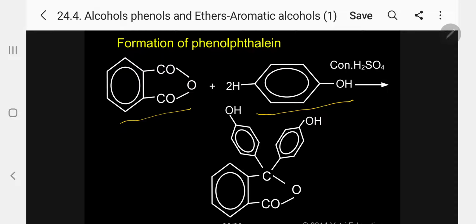It is taking place. This CO, kindly follow, then these 2 H combine to form water. So these two phenyl groups with OH in the para position are attached here. This is called phenolphthalein.